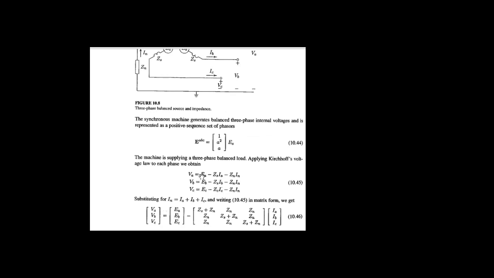That means all the terminal voltage as well as internal EMF, and this part is due to the coefficient extraction of IA, IB, IC. So what will be the coefficient of IA for the first equation VA?